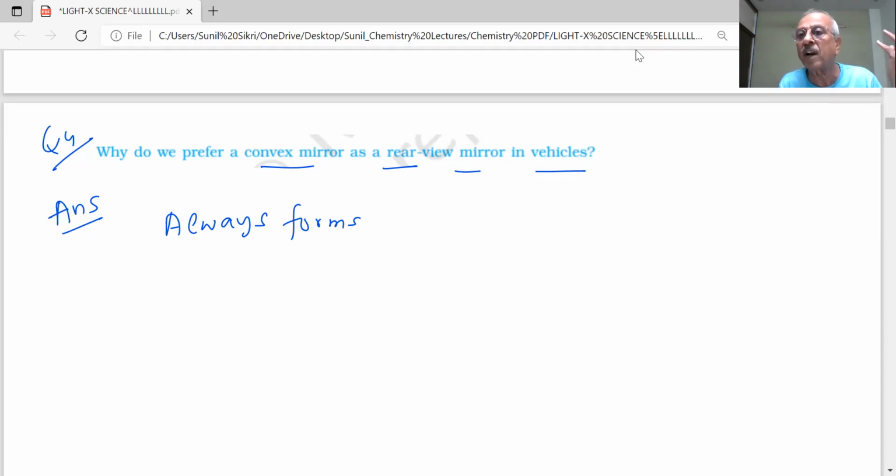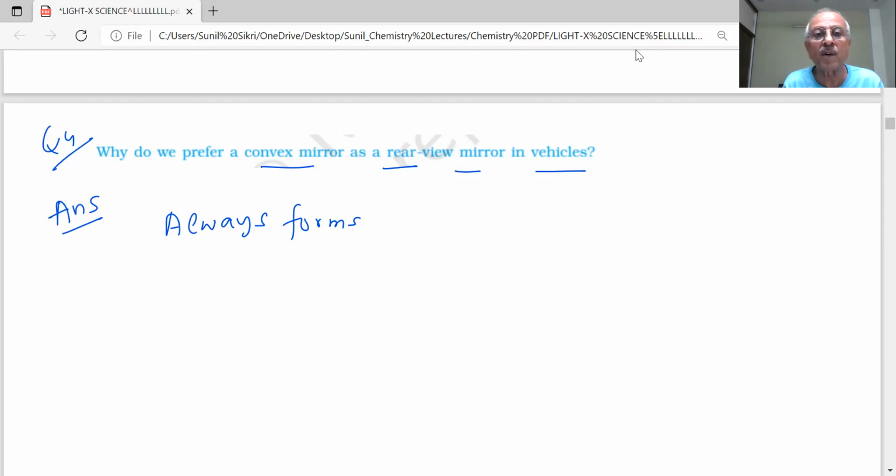One, when the object is at infinity, then you get a point-sized image at the focus. And in another case, we showed, you put any object, what type of image is formed? Was it enlarged, diminished, or what type of image was it? Virtual, erect, or what type of image was that? What was the answer?